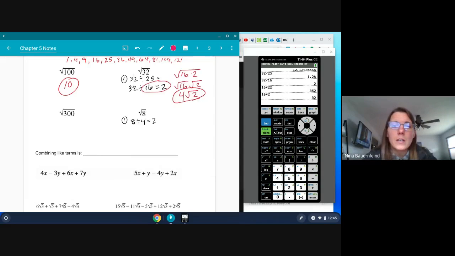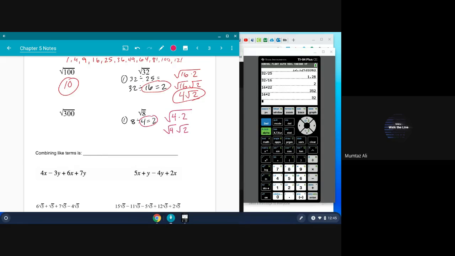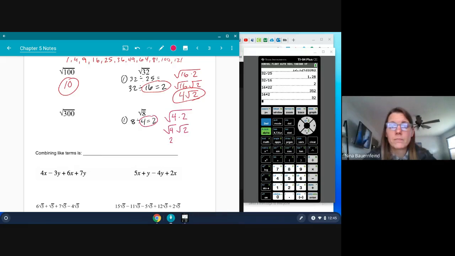So we can take this and rewrite it as 4 times 2. Split it up. What's the square root of 4? 2. So we get 2 root 2.